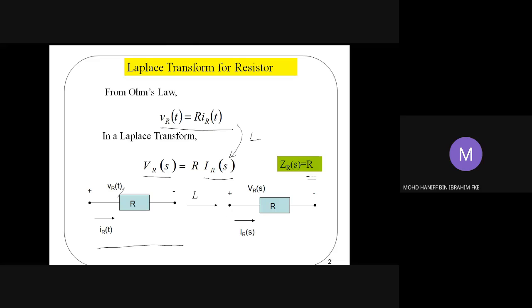So the equations of the components from time domain to S domain are written in this form, and the circuit transformation is given down here, which we will use when solving circuit analysis problems in the next slides.